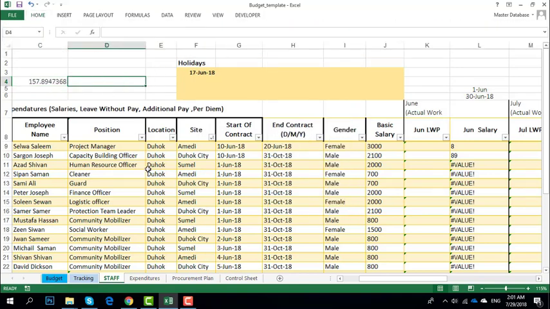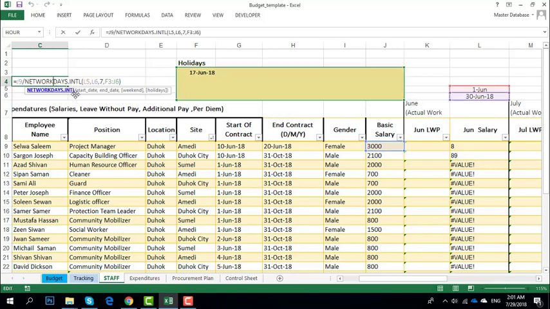Now what does this mean? This means the actual salary on a daily basis for Salwa between the 1st of June and the 30th of June. Her salary is 3,000.